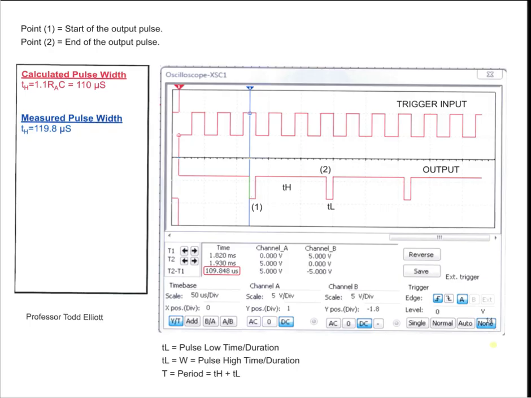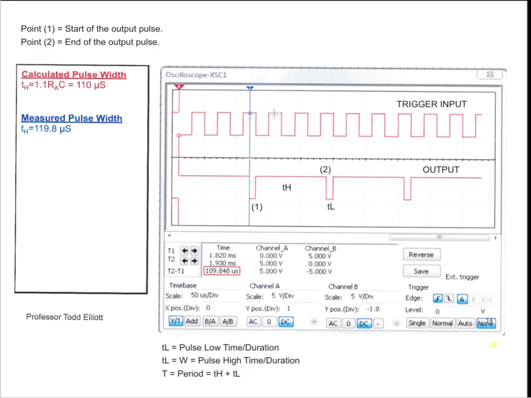It's important to know that if you're working with this, the output pulse is triggered only on the falling edge.